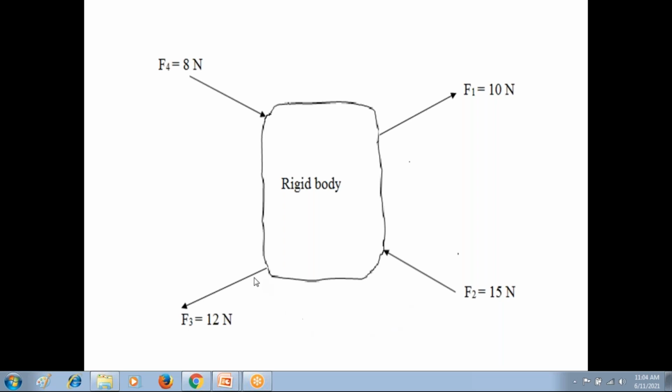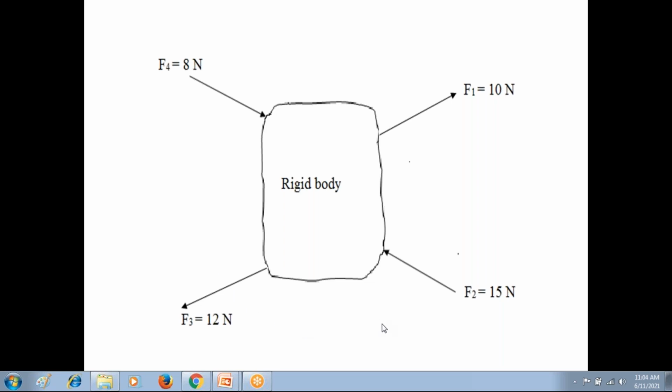These several forces have different magnitudes, different points of application, and different directions. We call these several forces acting on the rigid body a system of forces. So whenever the rigid body is subjected to several forces of different magnitudes, different points of application, and different directions, those several forces acting on the rigid body are called the force system on the rigid body.